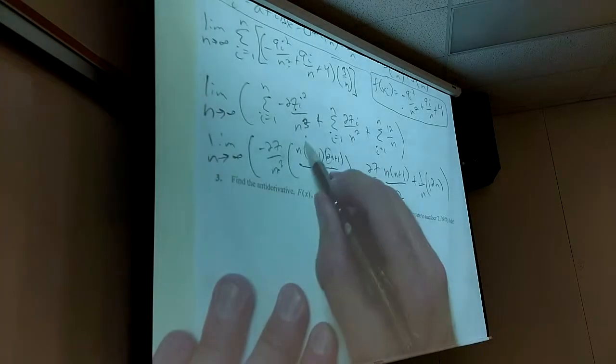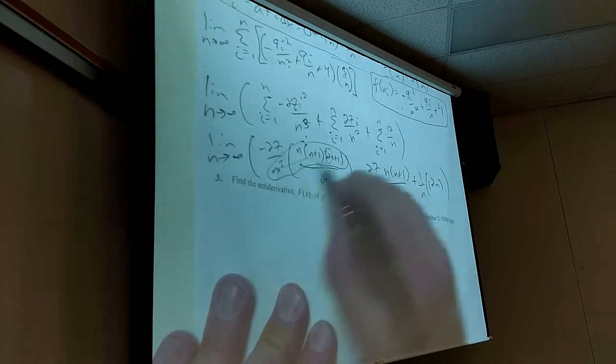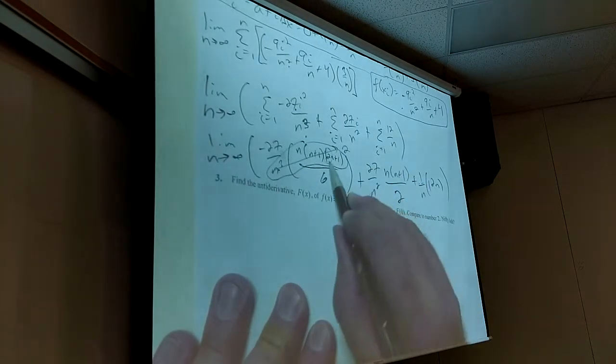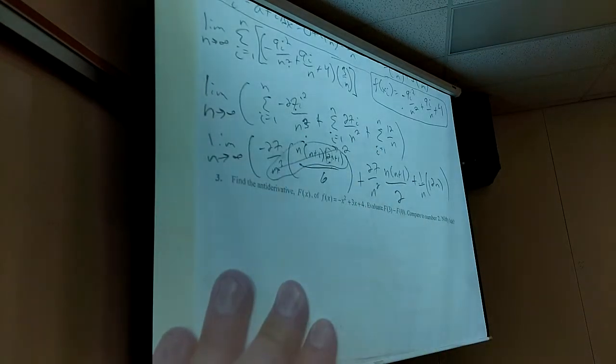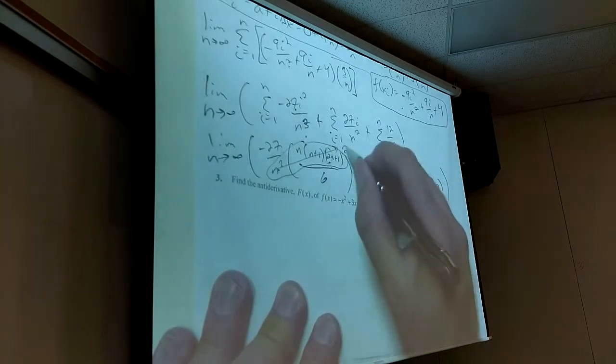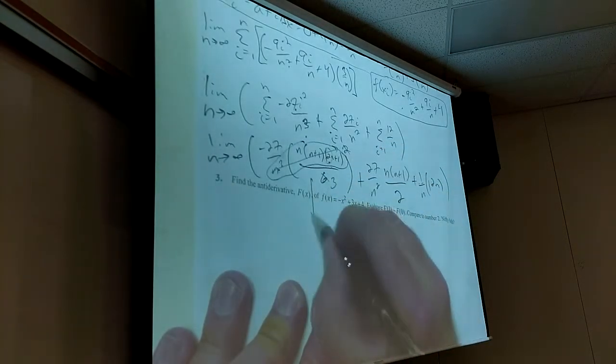So what's the limit of these going to be? Well, it's going to be 2, because the coefficient on top is 2 and the coefficient on the bottom is 1. They're both degree 3. All right, so that cancels with that. And so this first piece is negative 9.